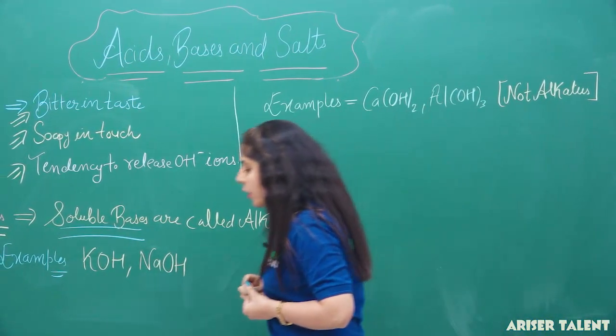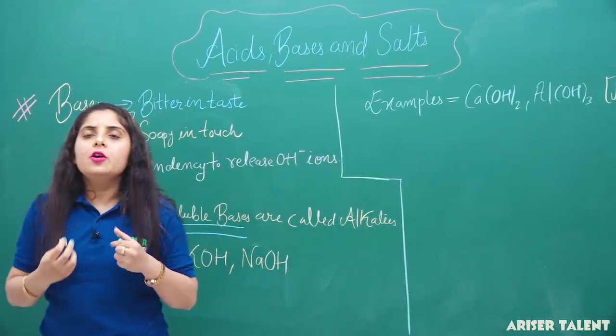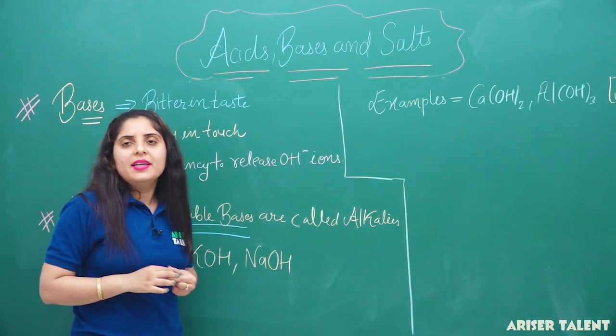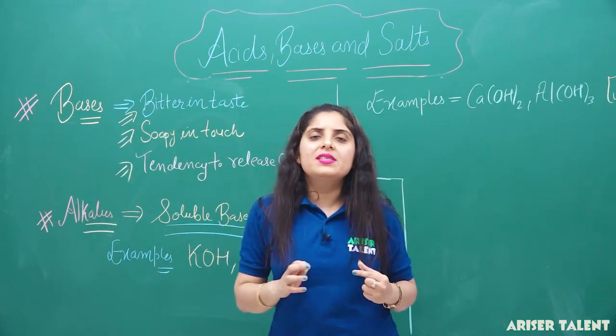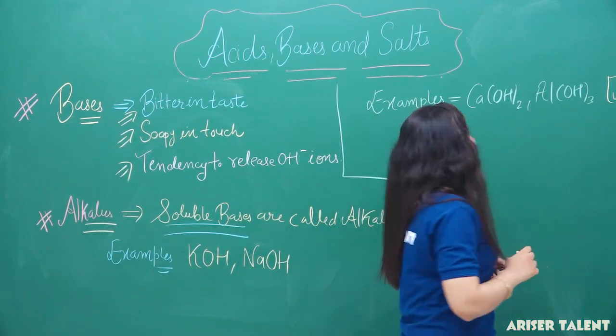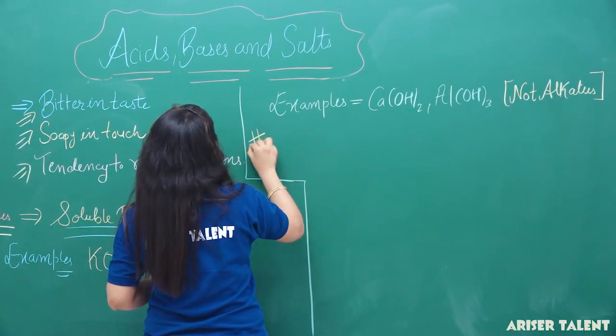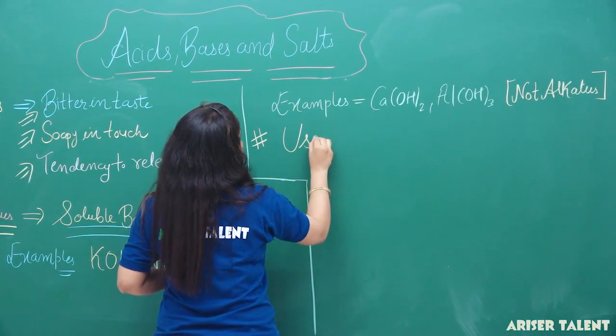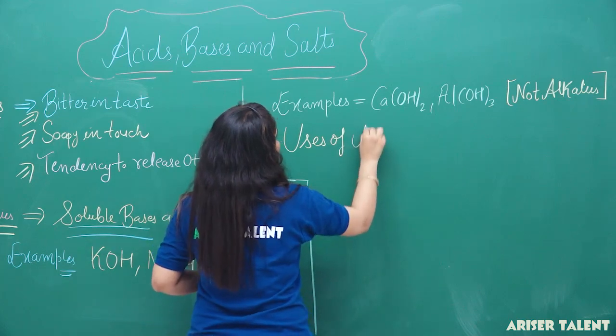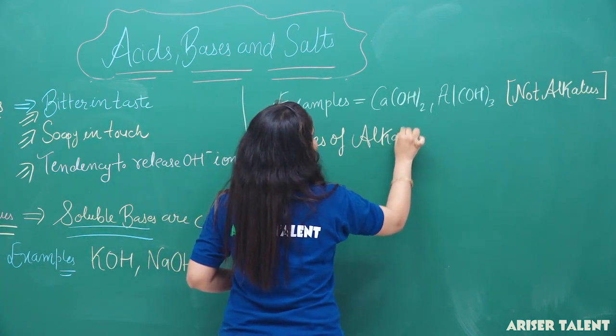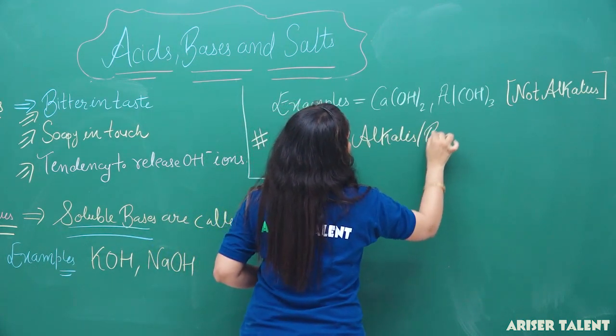Now we are going to discuss many of the bases and their uses in our daily life. We have a variety of bases and a variety of applications in daily life. So our next topic will be uses of alkalis or bases.